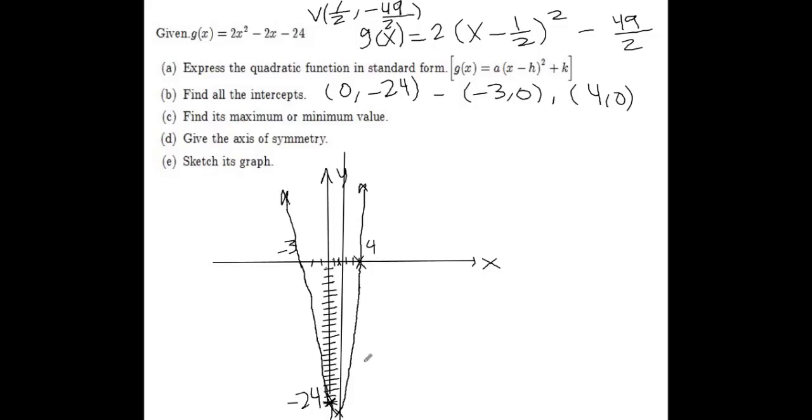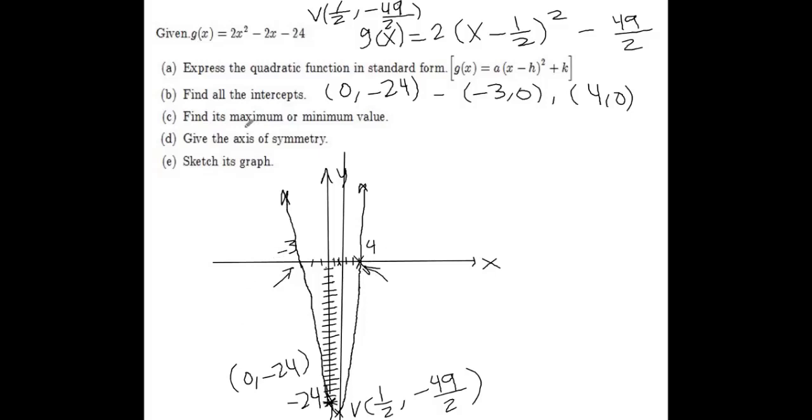If I graph the line, I see my vertex is at the point 1/2 and minus 49 over 2, and my y-intercept would be at the point 0 and minus 24, and my x-intercepts are at points 4 and minus 3.